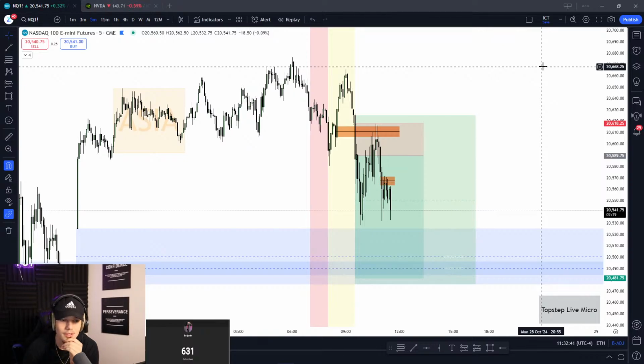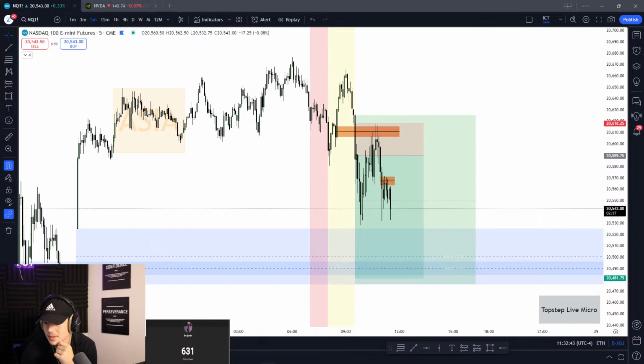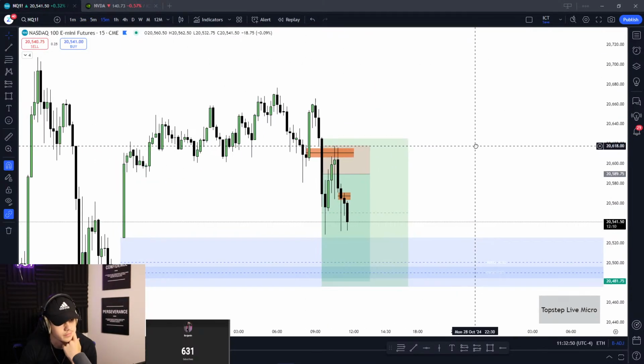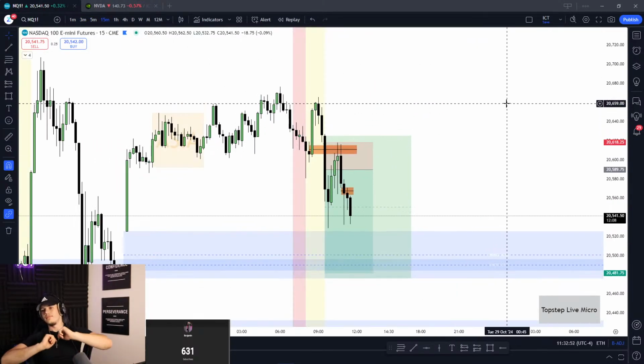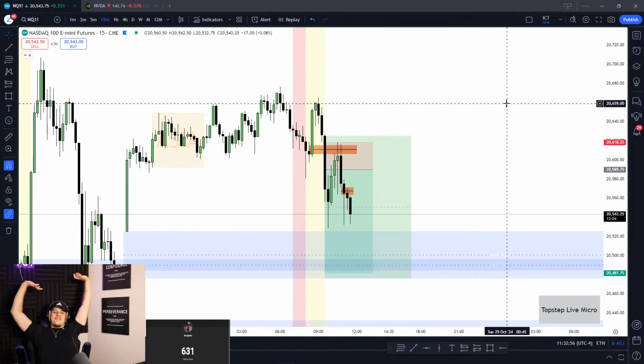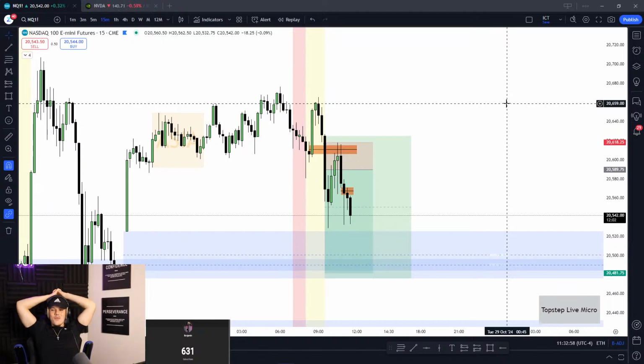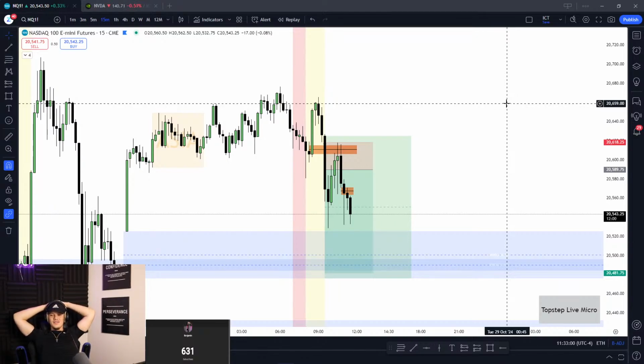Yeah, finally moving lower. The fact that we are down here after getting 0.25 ticks away from tapping my stop loss is crazy. Absolutely crazy.